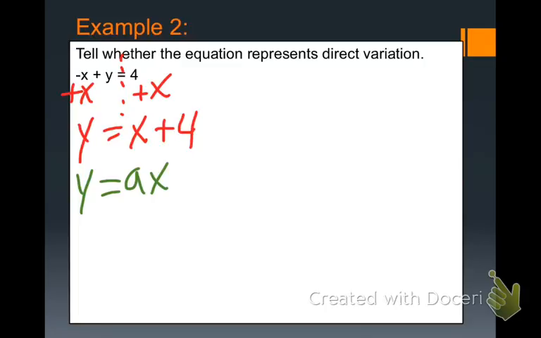Well, no, because plus 4 means that it's going through the y-axis at a positive 4, which means it's not going through the origin. So if it has a plus b at all, it cannot be direct variation. Remember, direct variation has a plus 0 that's implied, because the y-intercept is 0 since it's going through the origin.